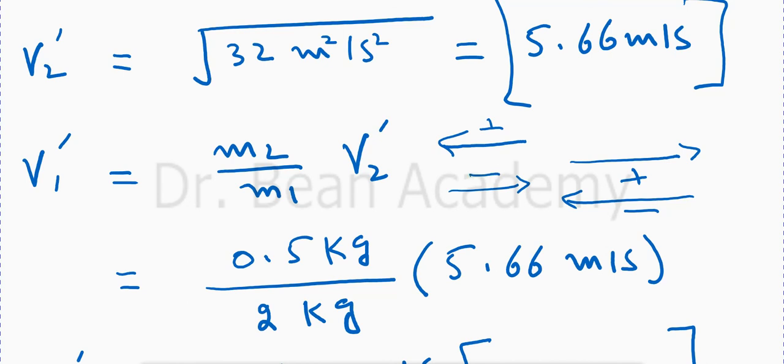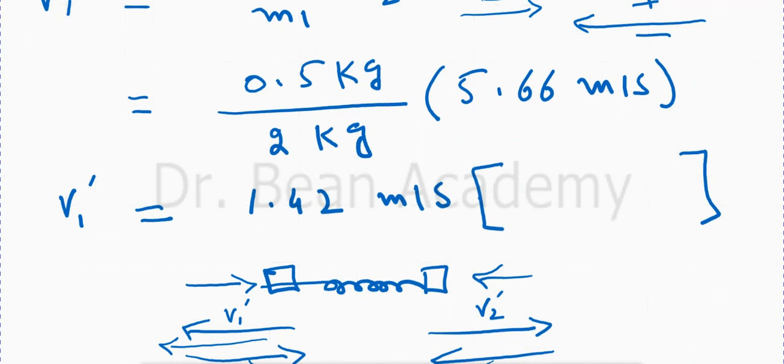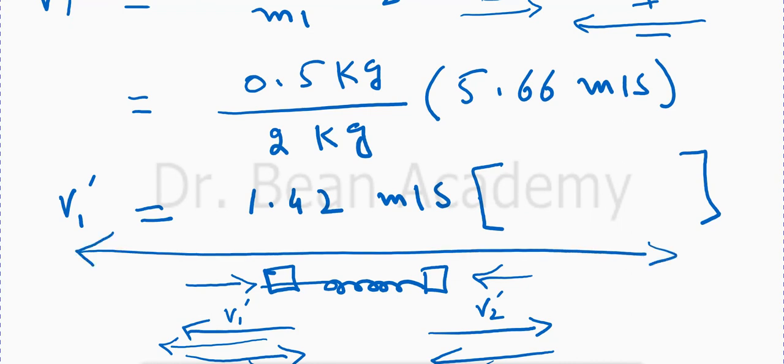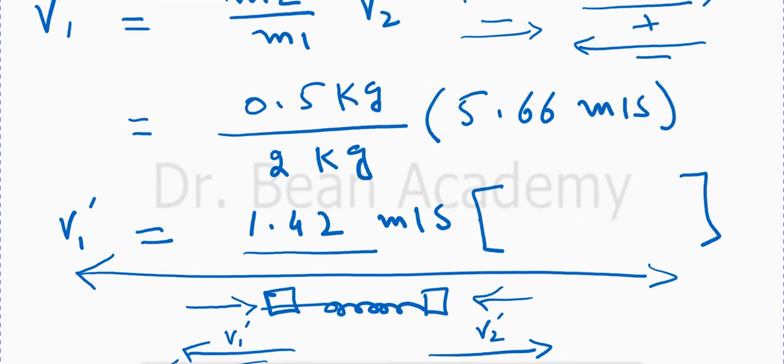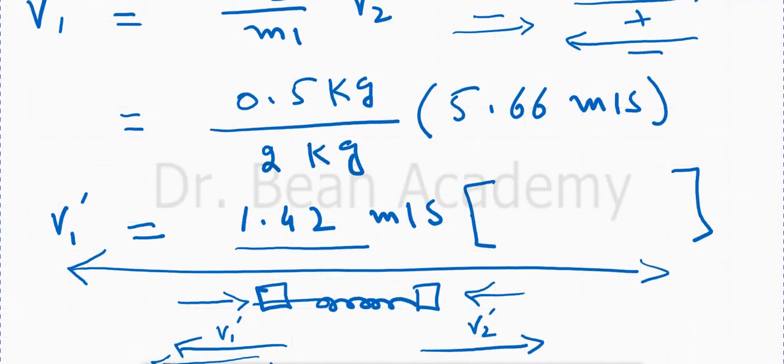So you can just put a negative sign with any one, maybe just v2 prime, and you are all set. Or alternatively, you can just write this description at the very end to give the information about the direction, because velocity is a vector quantity and you are supposed to give the direction of that quantity. So you can just write this description at the very end of the answer, or you can put a negative sign with any one of them just to show that they are always opposite.